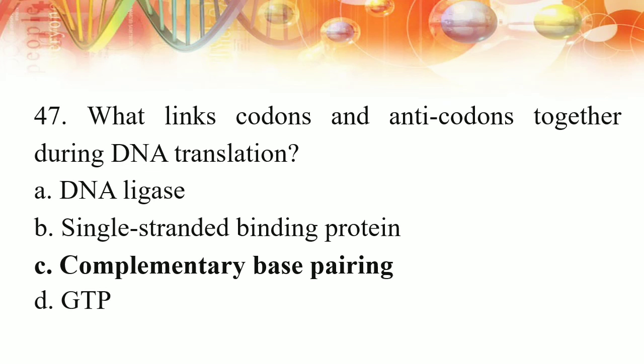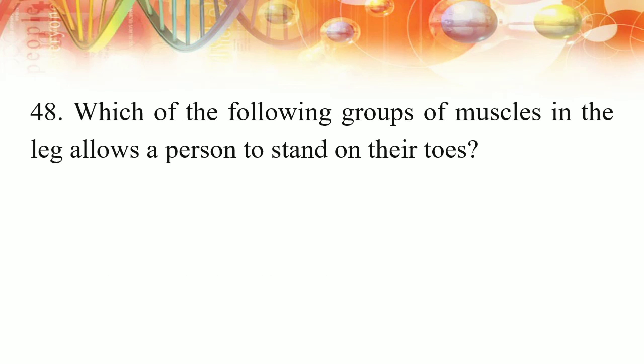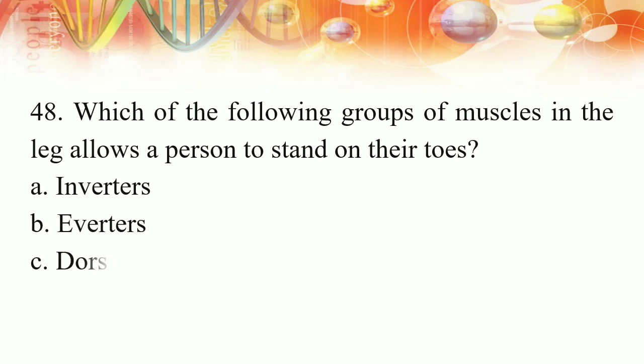Number 48. Which of the following groups of muscles in the leg allows a person to stand on their toes? A. Inverters, B. Everters, C. Dorsiflexors, D. Plantar flexors. Inversion of the foot is the tilting of the sole of the foot inwards towards the midline. Everters are the muscles that rotate the foot outward.